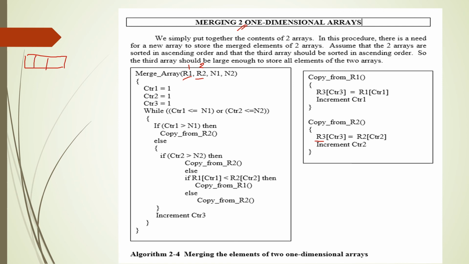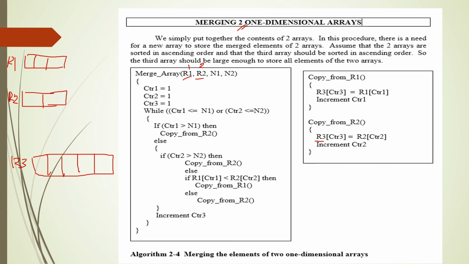And then, check if all the elements, this is how it should work, okay? Let us say we have 2 arrays, R1, R2. Now, R3, the size of R3 is the size of the array 1 and 2.